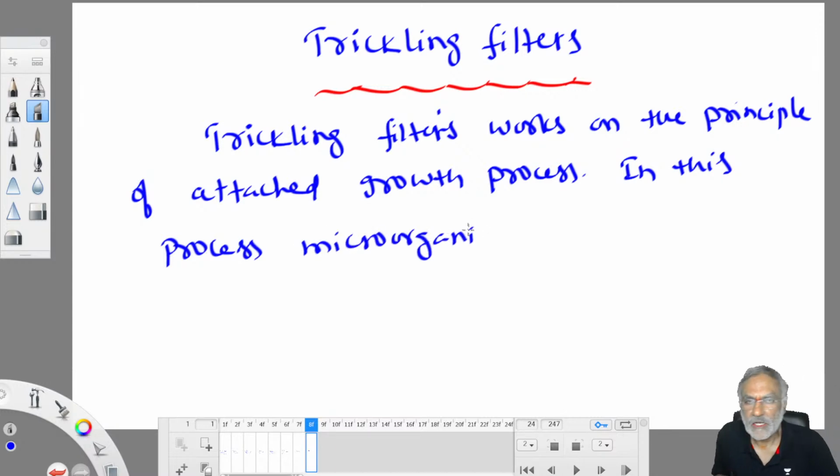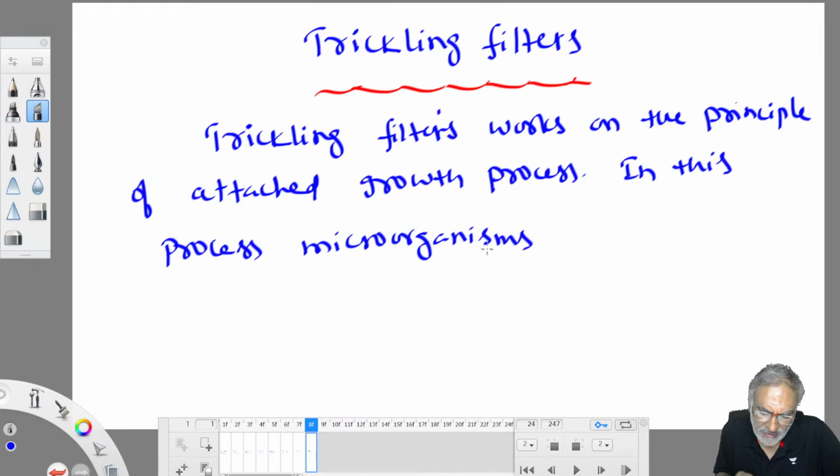So like a conventional type of offering food. All organisms occupy one space, and food passes through them. So they enjoy the food. That means we serve the food to them. We ask them to rest at one place, we serve the food. That is, food chases microorganisms.